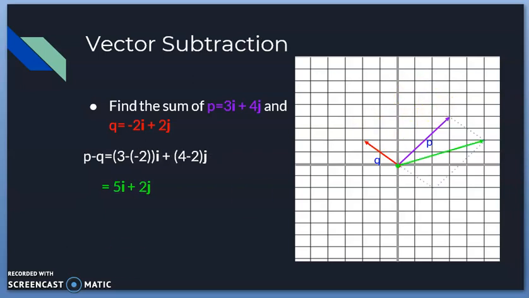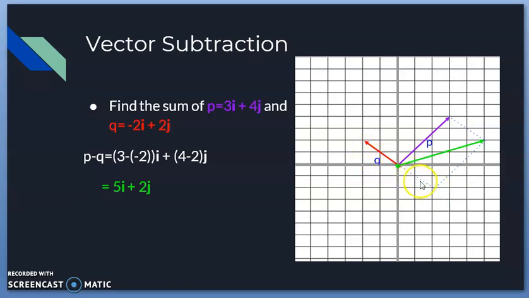Let's get into vector subtraction. I will be using the same vectors from the previous example. So we have, again, vectors p and q, but we're subtracting q from p now. Basically, when you do vector subtraction, you're taking this vector here, q, and you're going to point it in the opposite direction and then add it like normal.